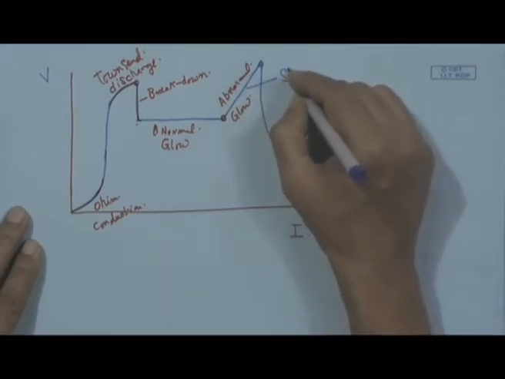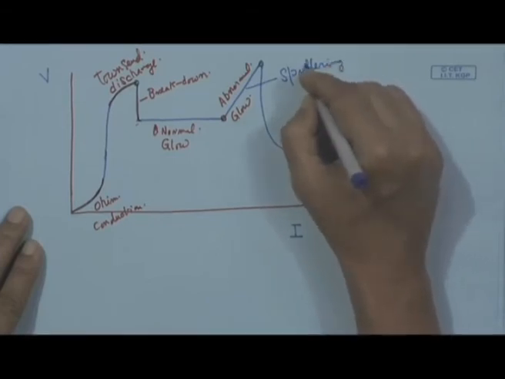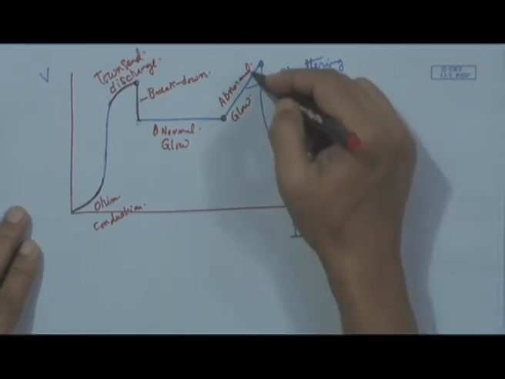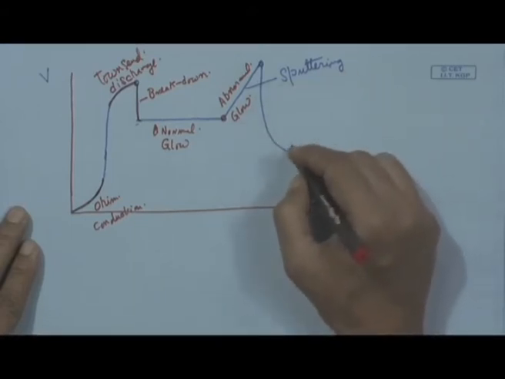This is the zone where sputtering is conducted, and after that, if one tries to increase current, then there is a sudden fall of voltage, and it is almost going to be an arcing.